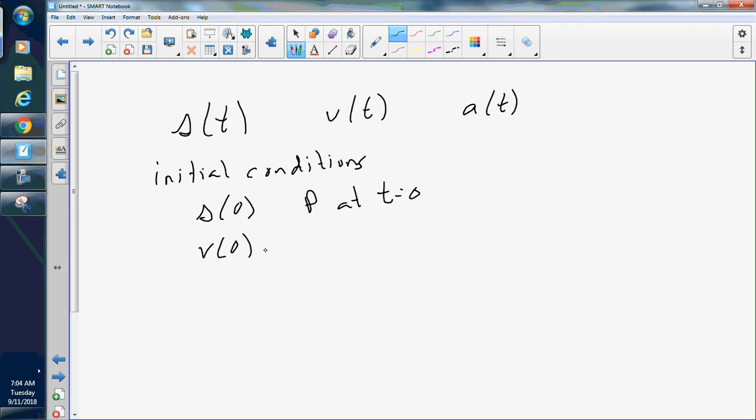V of 0 would be our initial velocity. And a of 0 would be our initial acceleration, our acceleration at time 0.